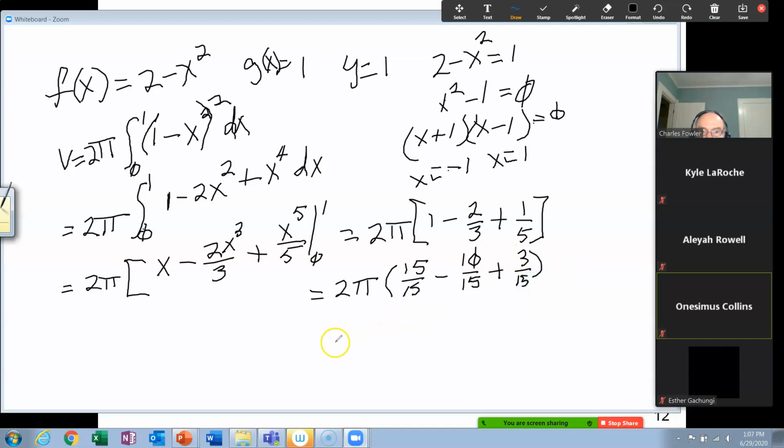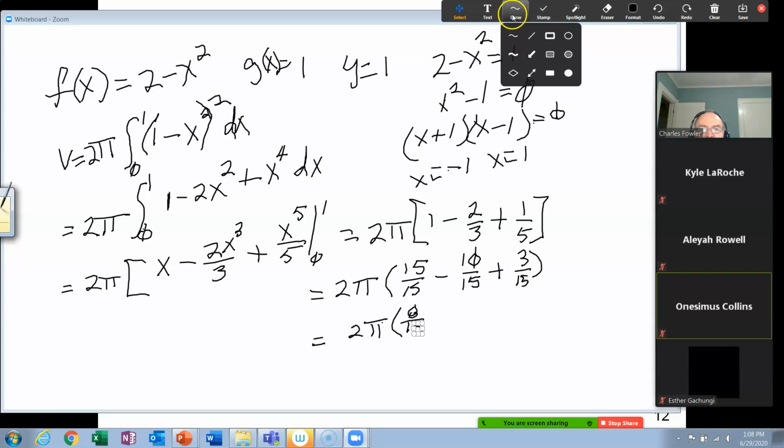When you add all those together, you get 2 pi times 15 plus 3 is 18 minus 10 would be 8 15ths, I'm pretty sure. Okay, it's 8/15ths.